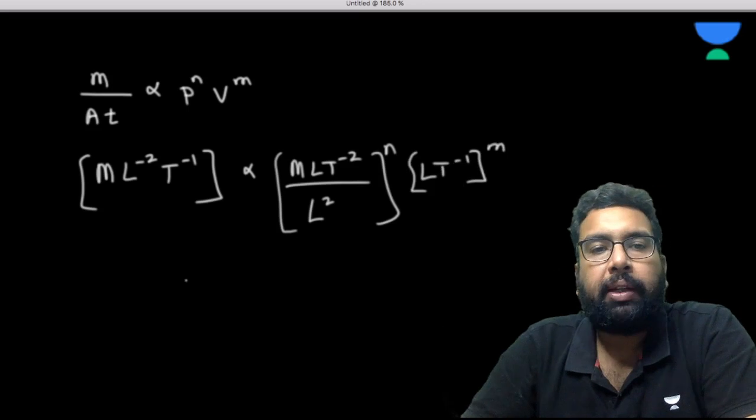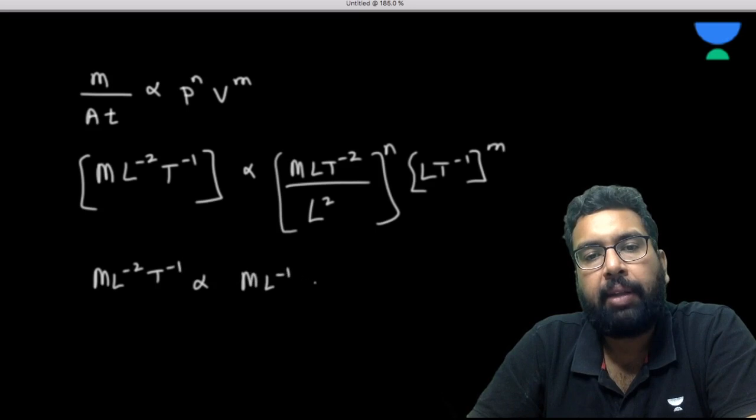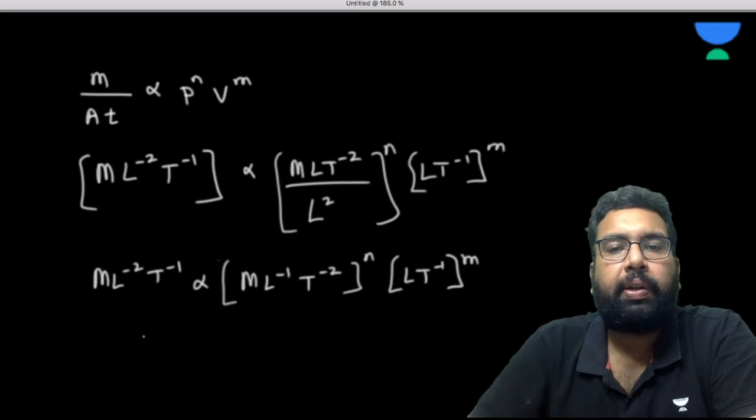So we can write M L minus 1 T minus 2 to the power n, and this is L T minus 1 to the power m.